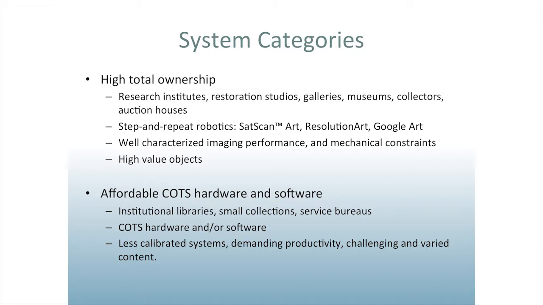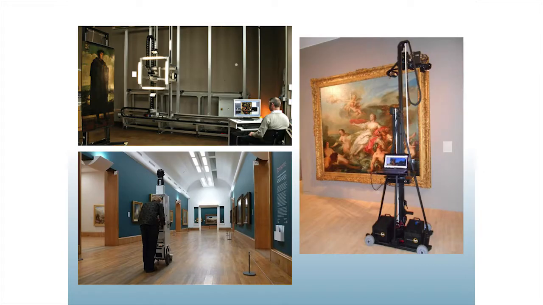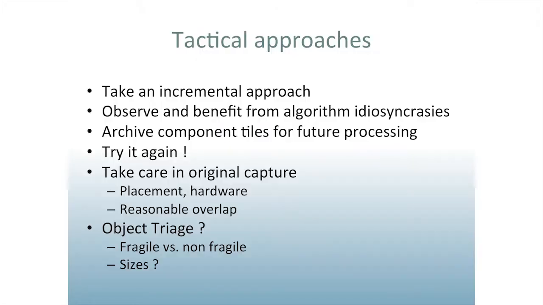The high total ownership is the robotic stuff. I don't know who's using these, but we've got SatScan, Resolution Art, and Google Art, I think, going clockwise from the top. I haven't priced these. The Google technology is not for sale.